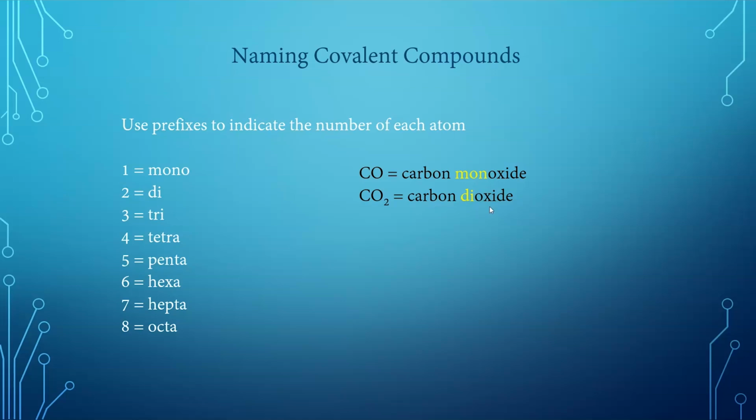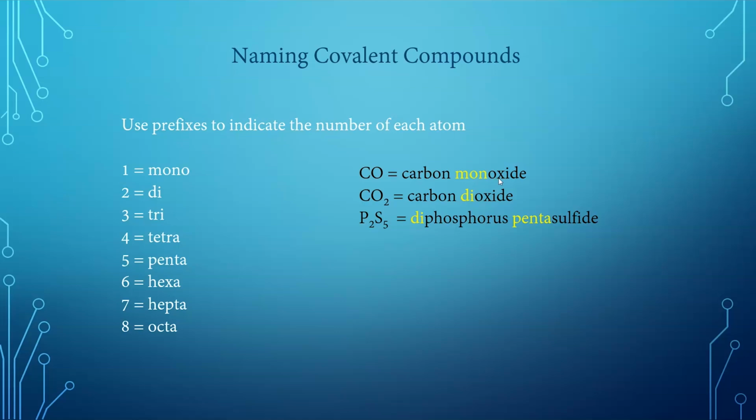If you have more than one of each element, then you'll need to use 2 prefixes. For example, P2S5 is diphosphorus pentasulfide, so 2 phosphorus, 5 sulfur. One thing I should mention, you'll notice that when I did carbon monoxide, we left off the O there because monooxide would be a little redundant.